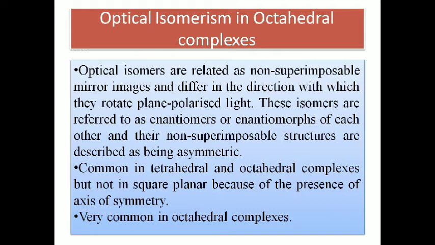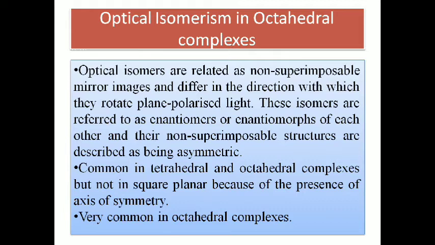Commonly in tetrahedral and octahedral complexes, but in square planar complexes, because of the presence of an axis of symmetry, when plane polarized light is passed through the solution, it does not show a non-superimposable mirror image.